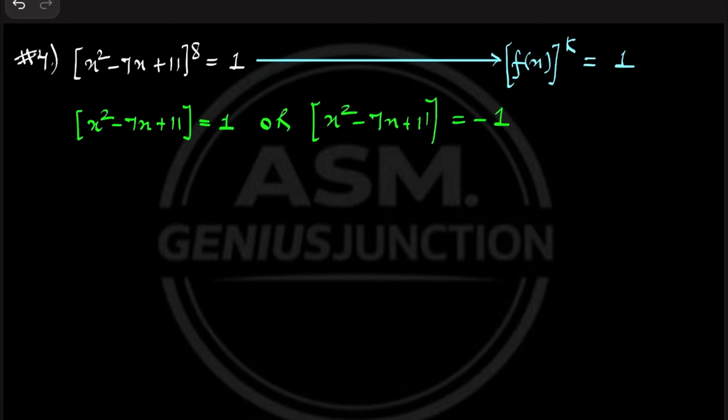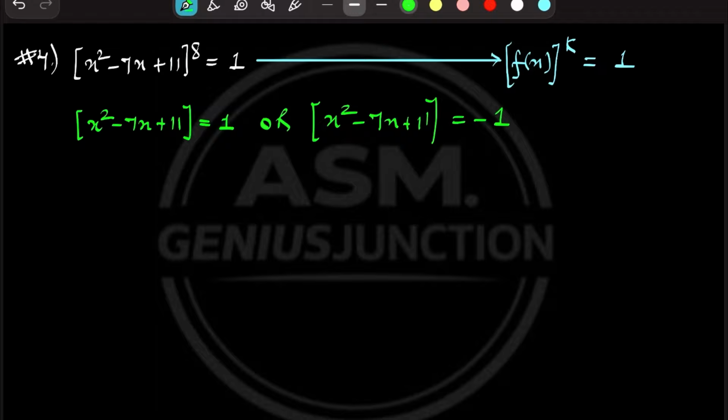In both the cases, you are going to get final answer as 1 with the exponent as 8, which is going to give you 1. Or if you substitute x square minus 7x plus 11 equals to minus 1, then also you are going to get 1.